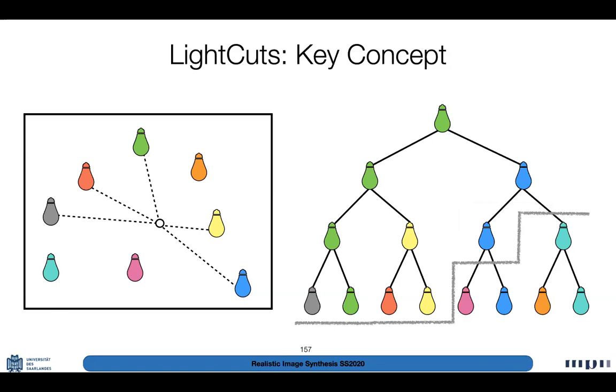Now, do you observe some pattern in all these light cuts? Since we are using the same tree which was built from the start, for each scene the light tree is built and the same light tree is used, which means that the location of the lights is fixed. So do you see a problem with that? Or I should ask, what do you think the problem could be with that?